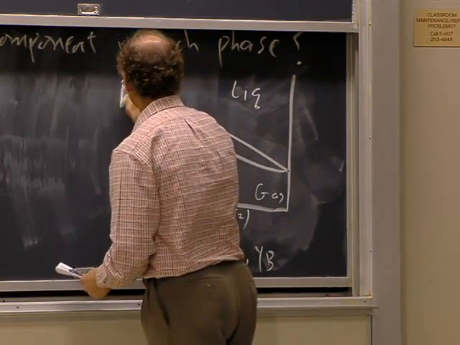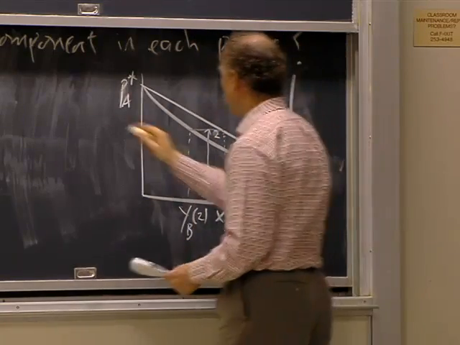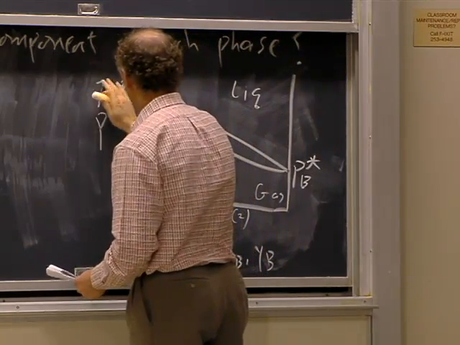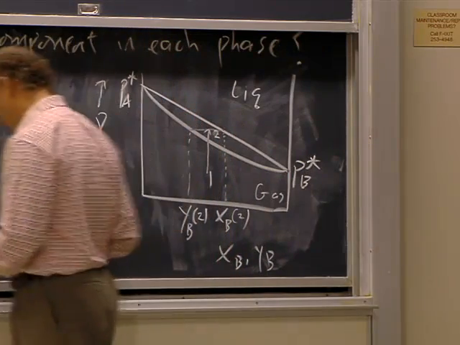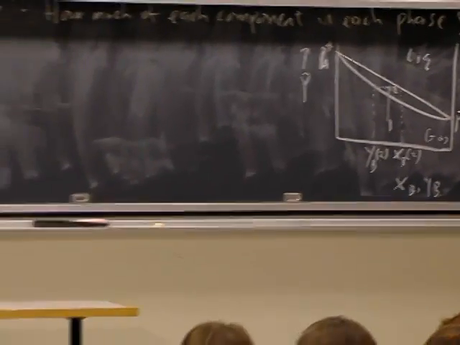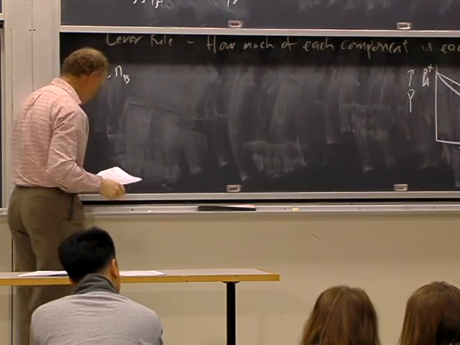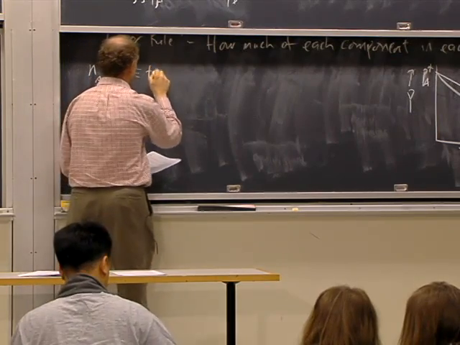And let's get these written in. Okay. So let's just define terms a little bit. NA and NB are just our total number of moles.